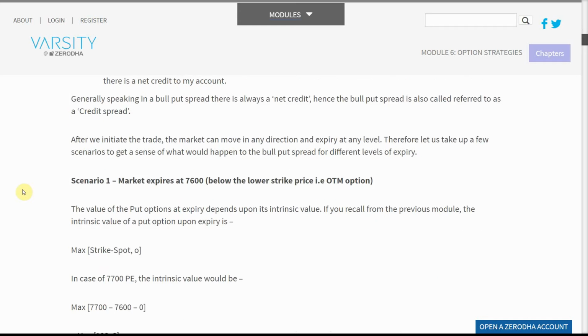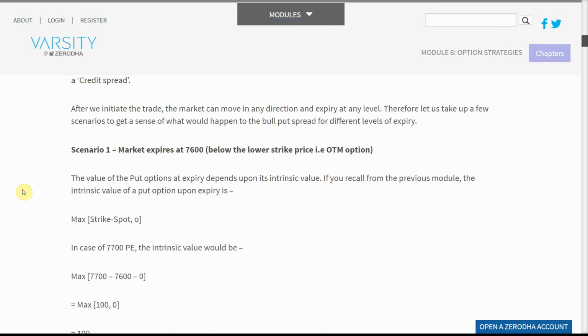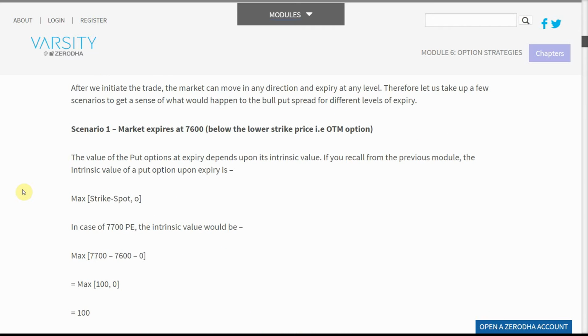After we initiate the trade, the market can move in any direction and expire at any level. Therefore, let us take up a few scenarios to get a sense of what would happen to the bull put spread for different levels of expiry. Scenario 1. Market expires at 7,600, below the lower strike price, i.e. OTM option. The value of the put options at expiry depends upon its intrinsic value.